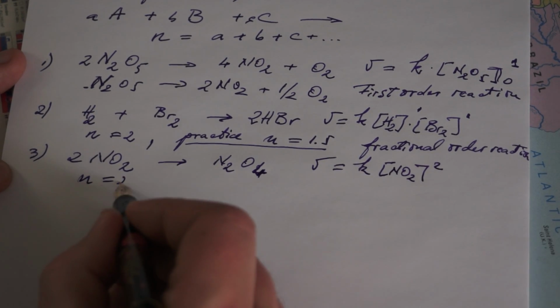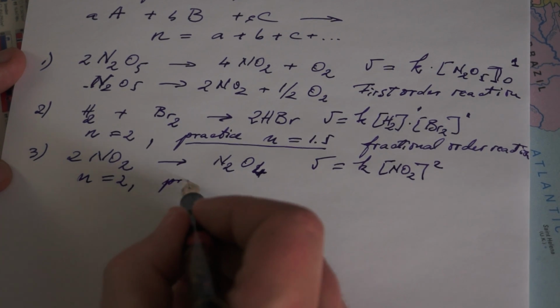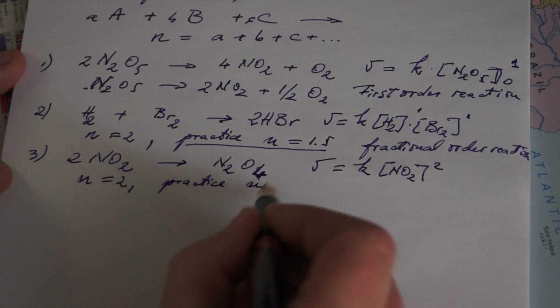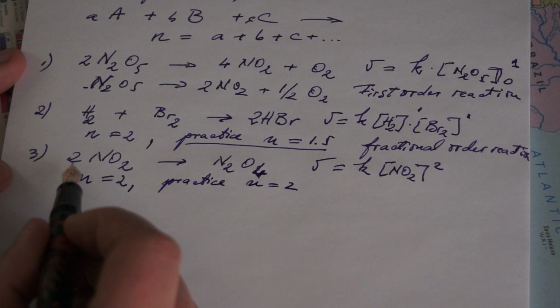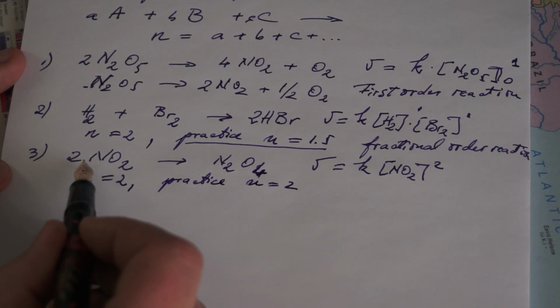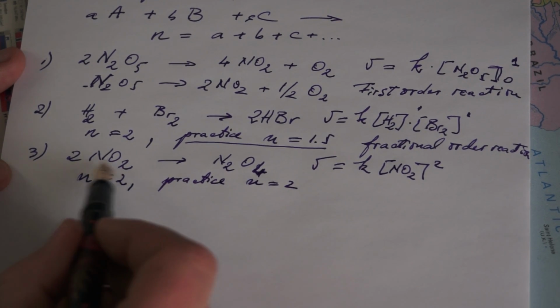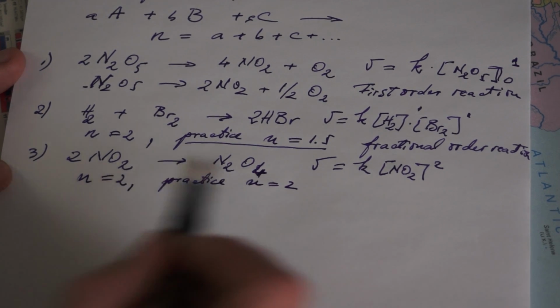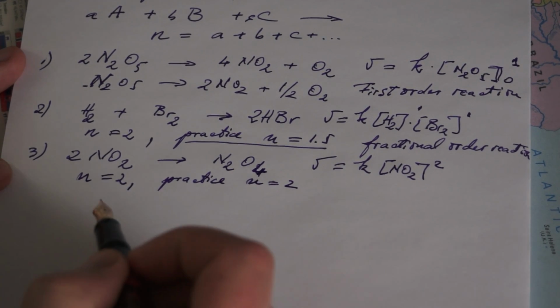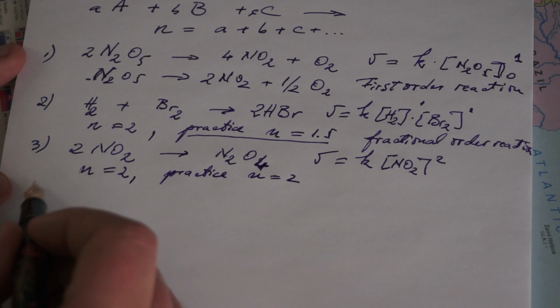So the reaction order is 2. In practice, this is also 2. Notice that I need two reactants, the collision of two NO2 molecules, to produce one single molecule of N2O4.